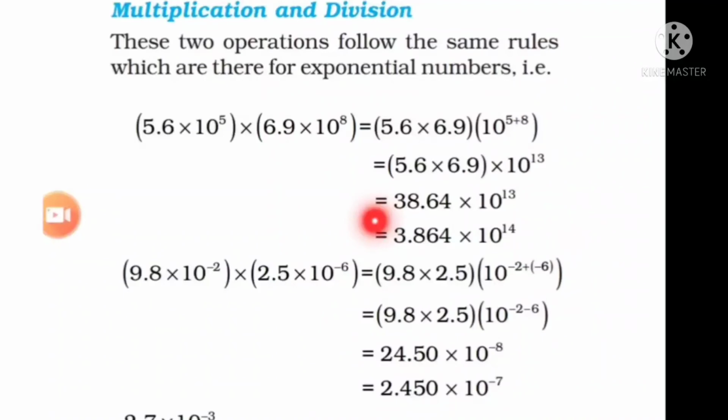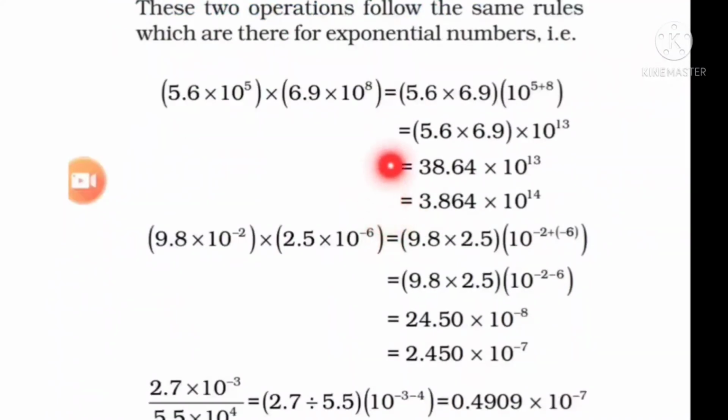In scientific notation, we have only one non-zero digit before the decimal. So we can write this as 3.864 times 10 to the power of 14.